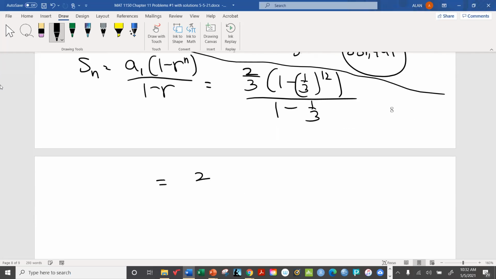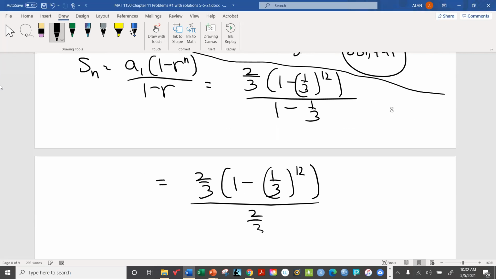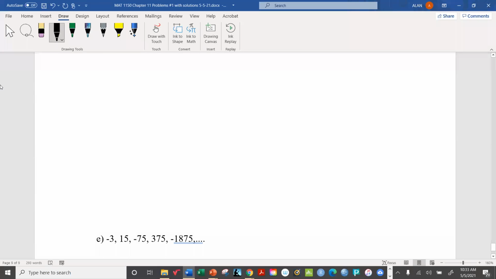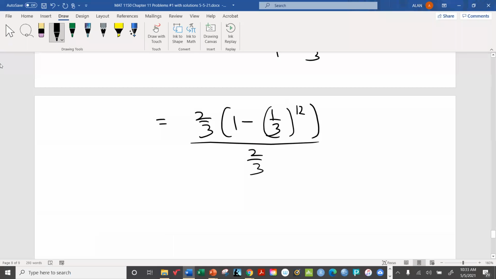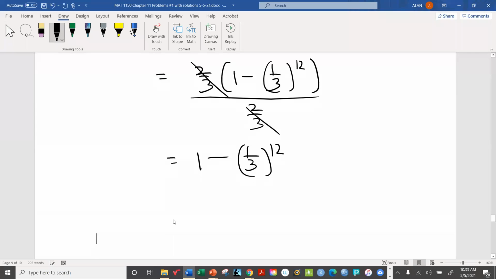All right, so 2/3 times 1 minus 1/3 to the 12th. Now here's one of the nice things about this problem. Those 2/3 will cancel each other out. That makes things even nicer for us. So then we're left with something relatively simple: 1 minus 1/3 to the 12th. Now remember how I did this before. This is the same as 1 to the 12th over 3 to the 12th.